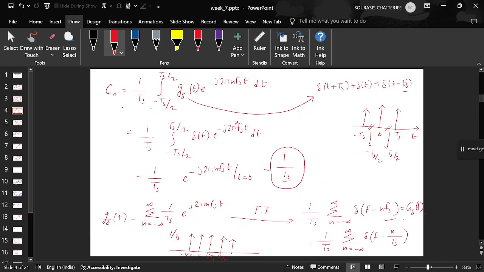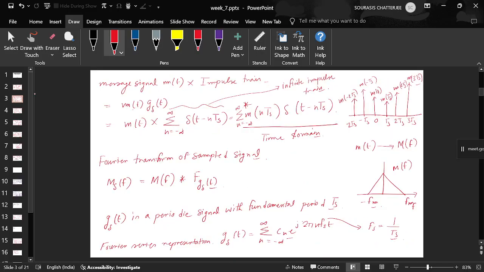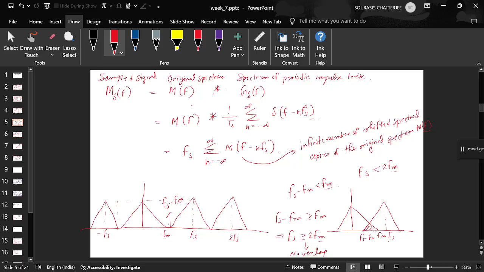You can see here, in the time domain it's multiplication, between the message signal and the periodic impulse train. Therefore when you move to the frequency domain, it's going to be convolution. So convolution with what? With another impulse train of the original spectrum. So this is a function of frequency, this is a function of frequency again.